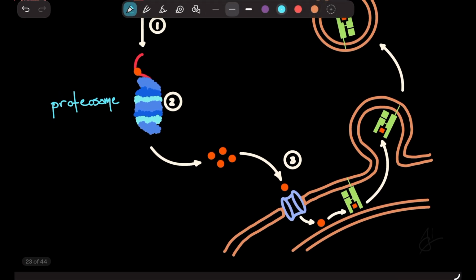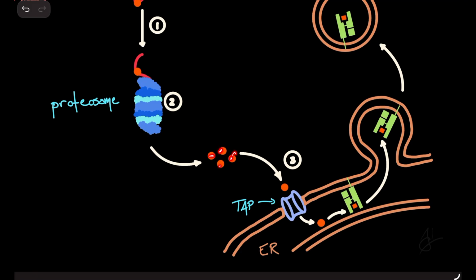Then it's transported in to the ER by TAP. So down here is the ER, and I load this antigen chunk onto MHC1.